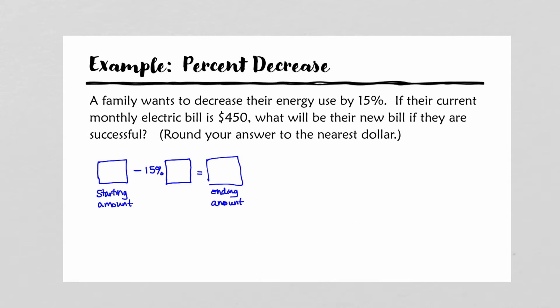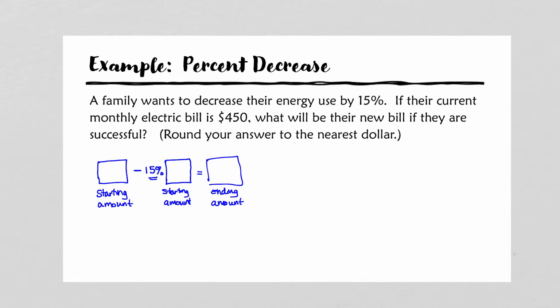And in our case, we're going to always multiply 15% by our starting amount. So to get a decrease, we're going to have this scenario. We'll have a starting amount or a starting bill. We'll decrease by 15% of that starting bill, and that's going to give us our ending amount.